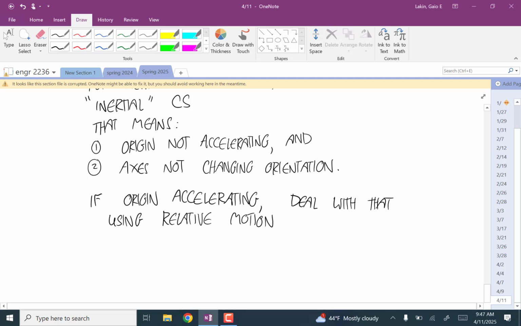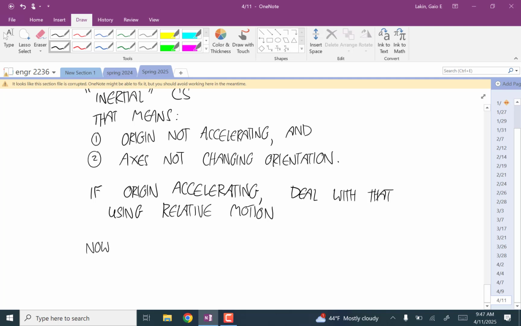And now we're going to talk about how to deal with axes that are changing orientation in time. And I want to show you one video before we go. Okay, so what happens if you have a non-inertial coordinate system?